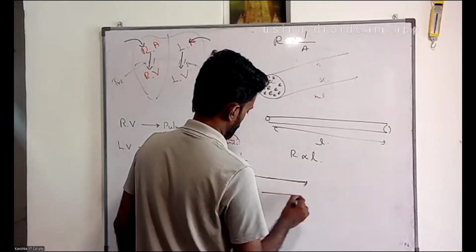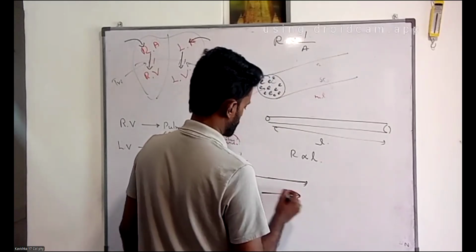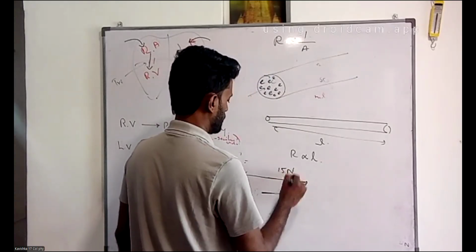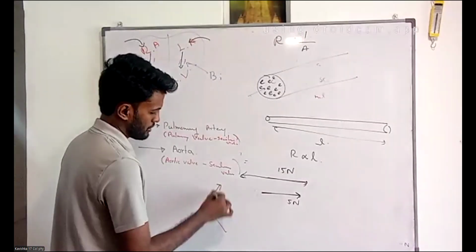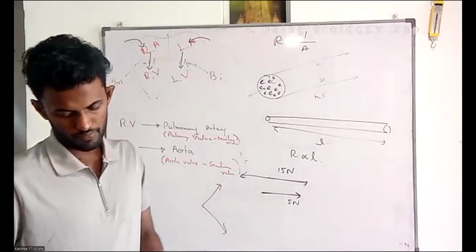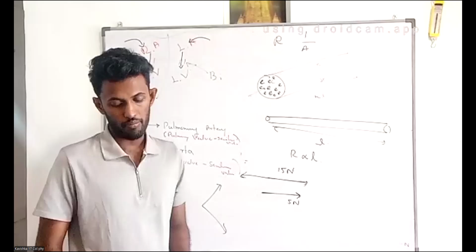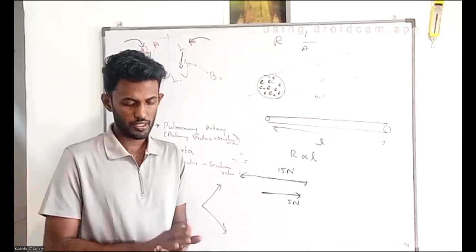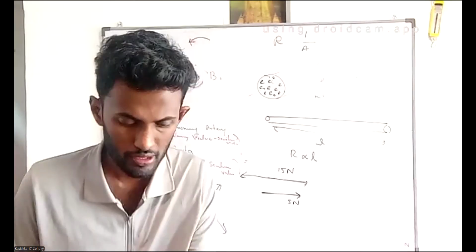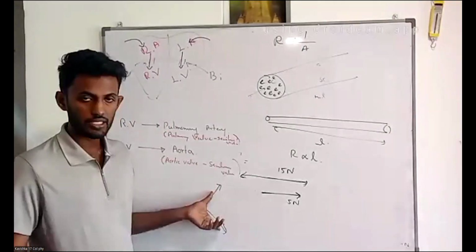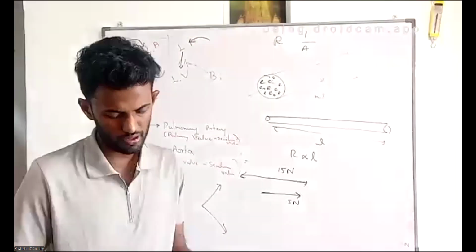So they can be in the same direction or opposite direction, 15 newton and 5 newton. If they make an angle, the third one is also okay, 8 newton and 12 newton. Yes, 8 newton and 12 newton are possible at angles, but here they are collinear.